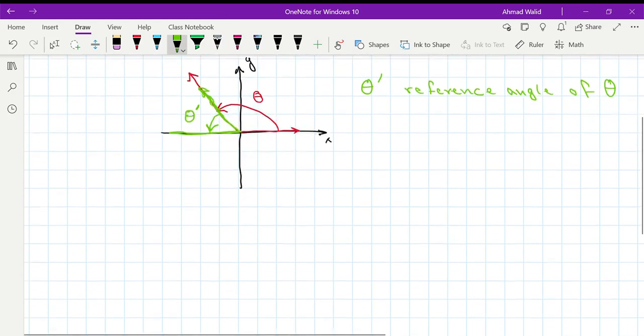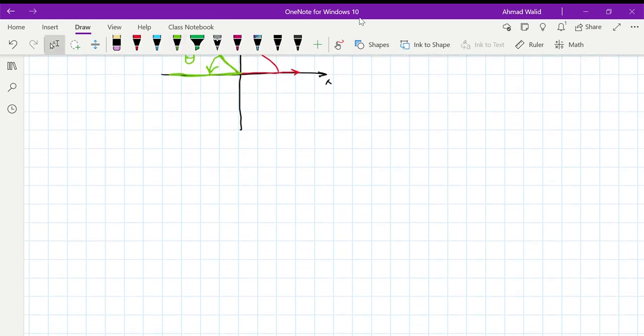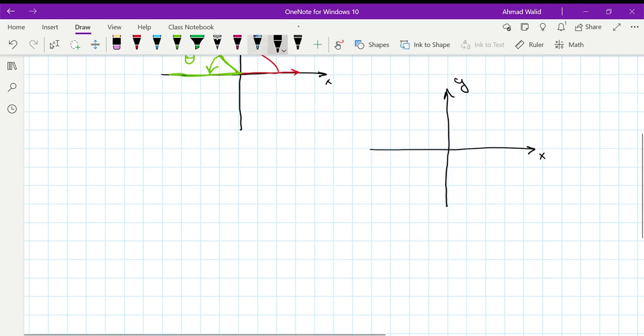Let me draw it in another quadrant for you, another example. Again, xy plane. This is the x-axis, this is the y-axis. Let me draw an angle in standard position.